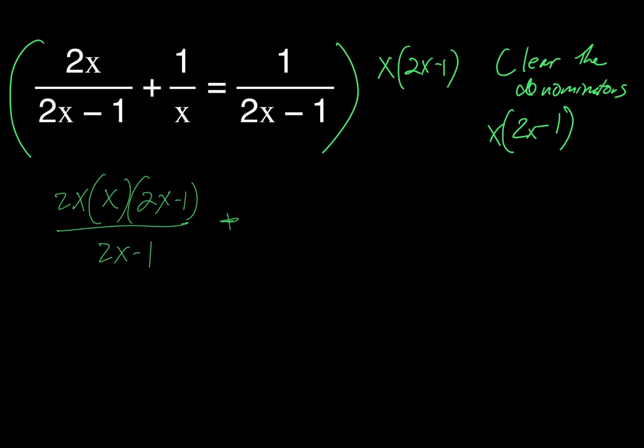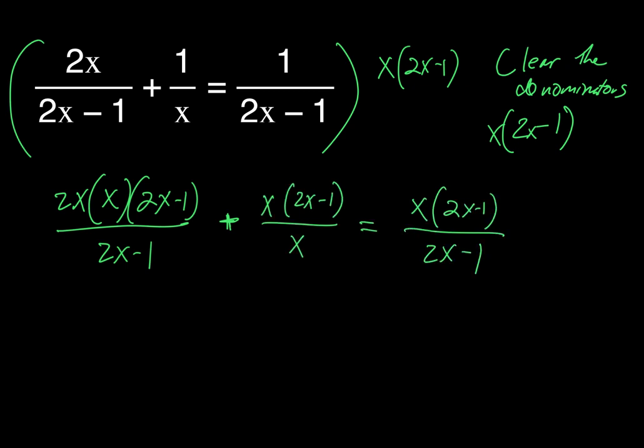My next fraction will be 1 times this, which is 1 times x times 2x minus 1 all over x, then equals. Third thing is, again, 1 times x times 2x minus 1 all over 2x minus 1.